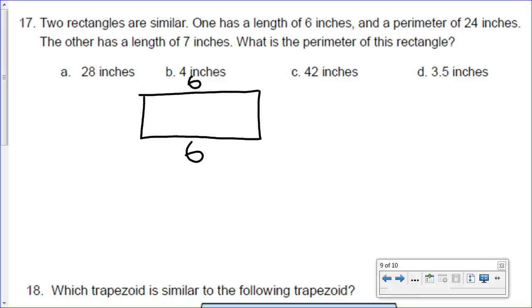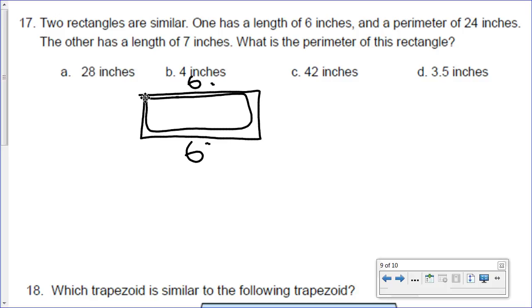Well, we know that if we're talking about perimeter, we're talking about it goes around. The perimeter is just the exterior, just the outside of it. Well, if we know that it has a length of 6 inches and the perimeter of 24, we know what rectangles look like, so it has two sides that are 6 inches.